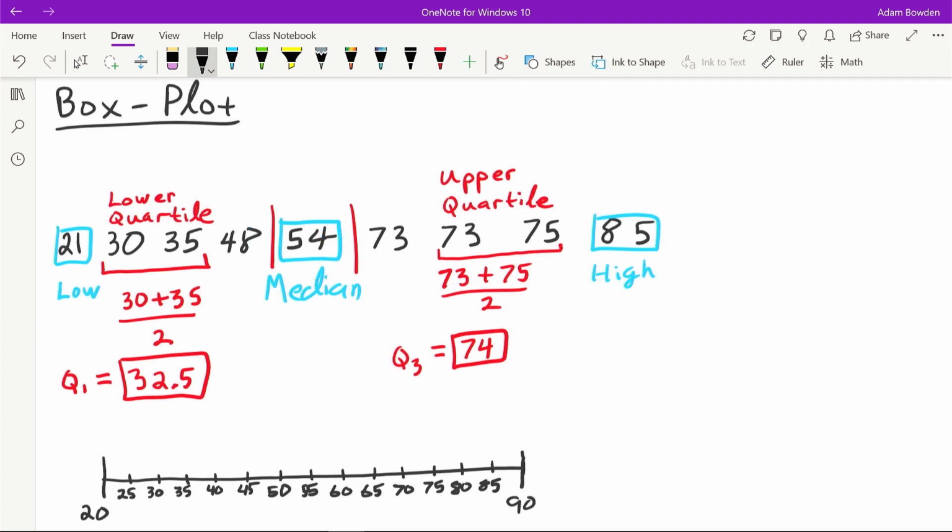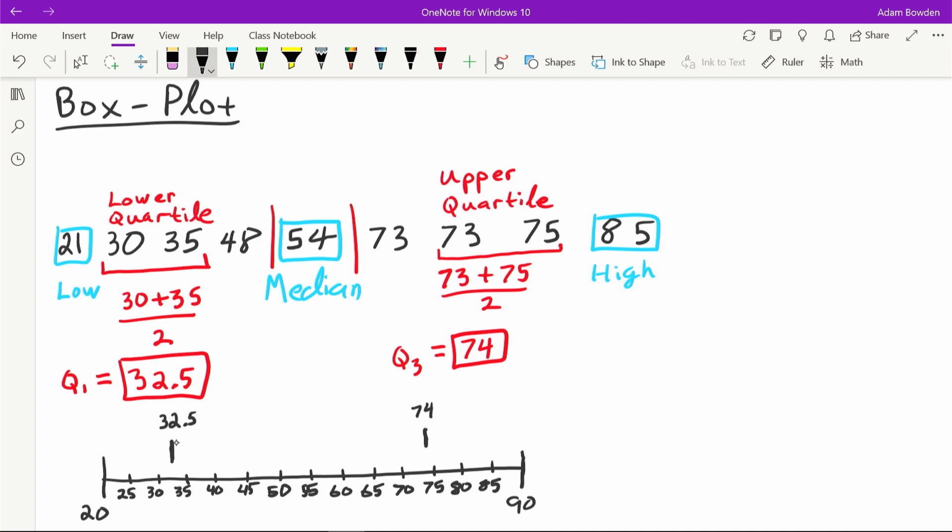Okay, and to finish this up, we're going to create the box plot from our data here. So we need a number line to get started, and in a box plot we start by drawing a box where the lower side of that box is the lower quartile and the upper side of the box would be our upper quartile.